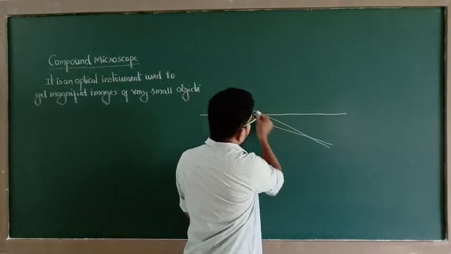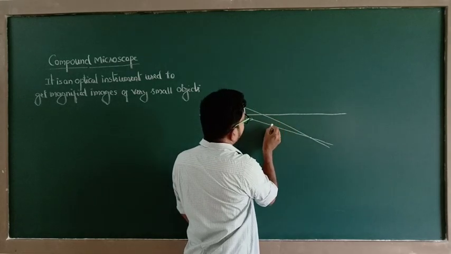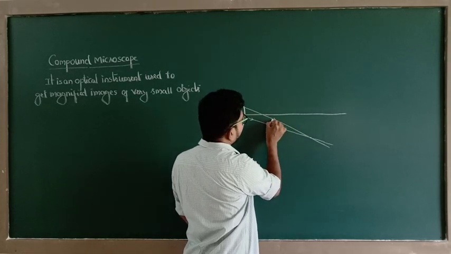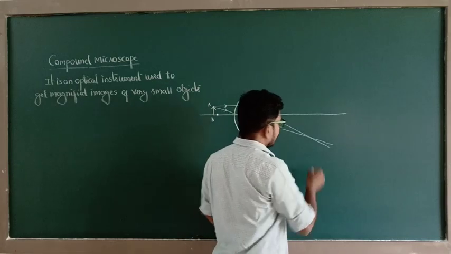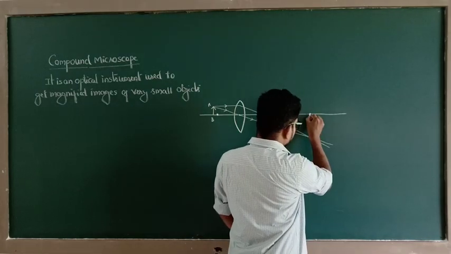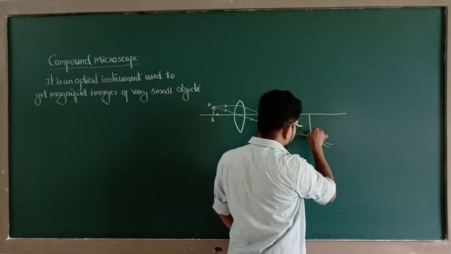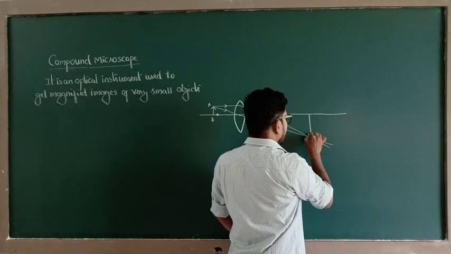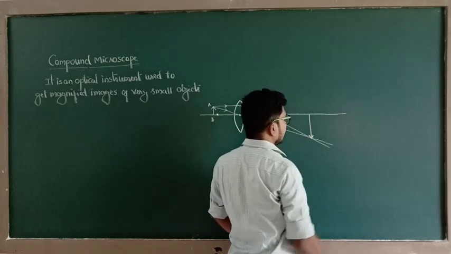So this is the other refracted light ray, direction of refracted light ray. This intersecting point represents the position of the image, head, tail.